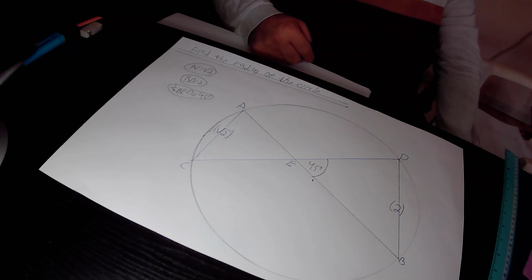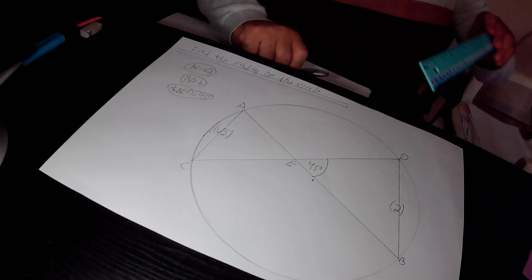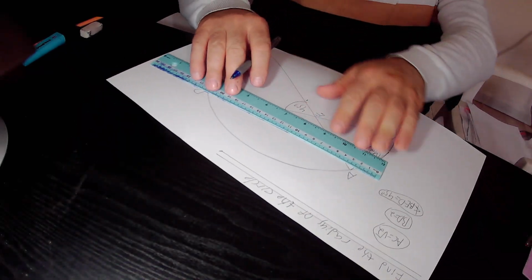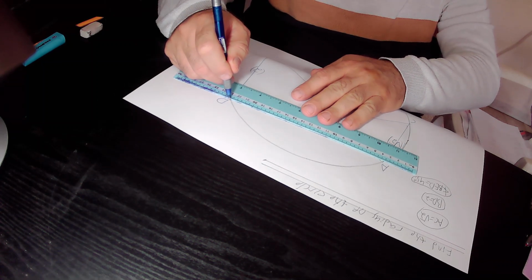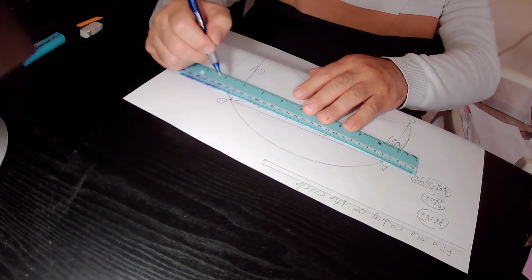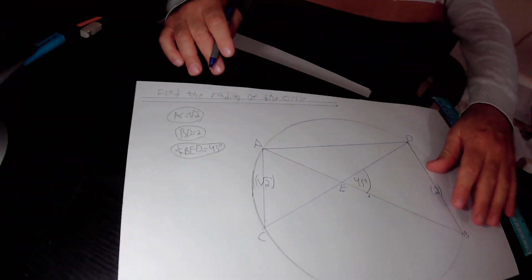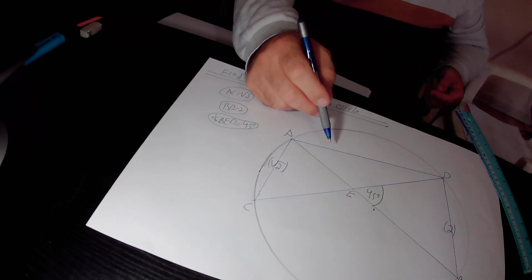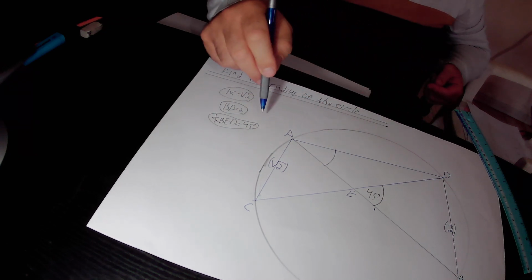In the first step, we join points A and D together by a straight line. By joining points A and D, we get the peripheral angle DAB.